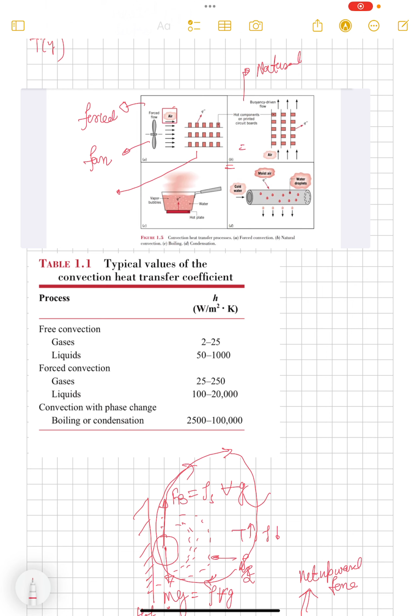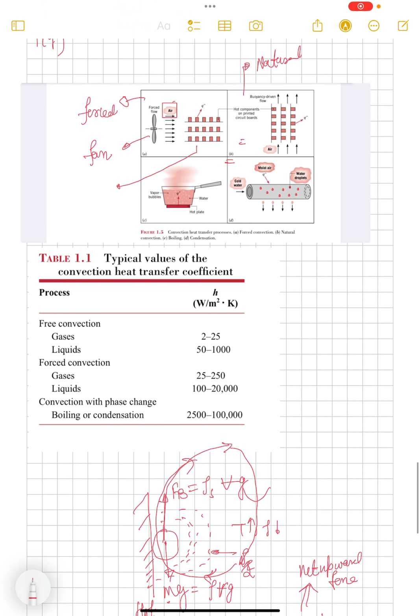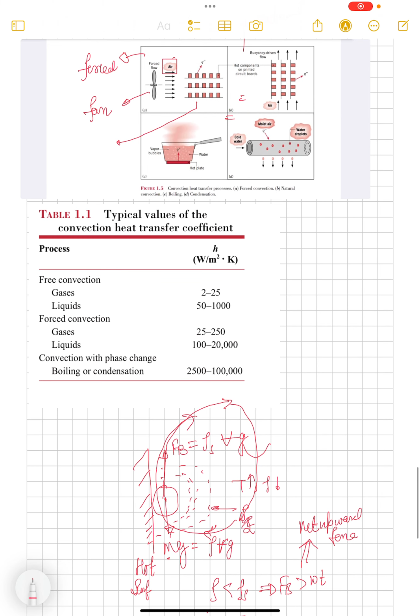So if we want to see which is the more efficient mode of convection heat transfer, we can see this: free convection in gases has very low heat transfer coefficients, but if liquids are used for free convection, their heat transfer coefficient is quite a bit higher. But forced convection for gases, as compared to free convection for gases, has a higher heat transfer coefficient.